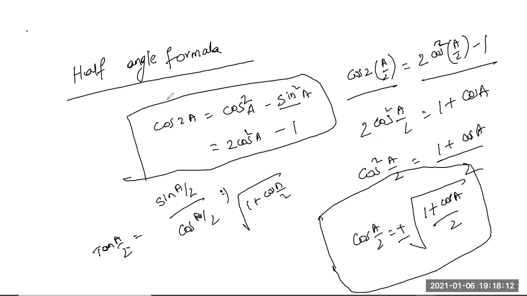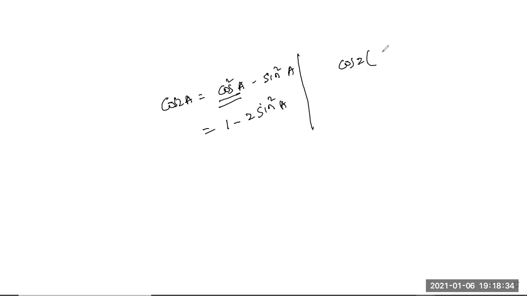So cos 2a is written as cos square a minus sin square a, right? So instead of 2 cos square a minus 1, if I change this into sin square a, I will get 1 minus 2 sin square a. So if I have cos a, I can write cos a as cos 2 into a by 2, which is 1 minus 2 sin square a by 2.